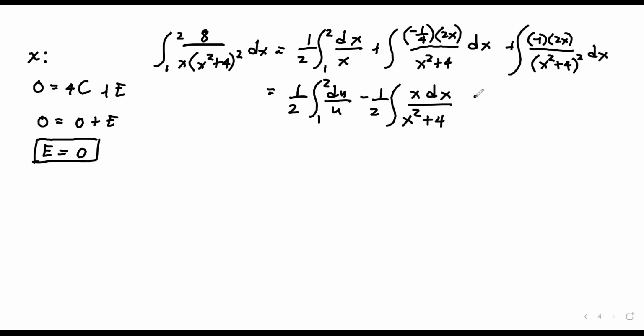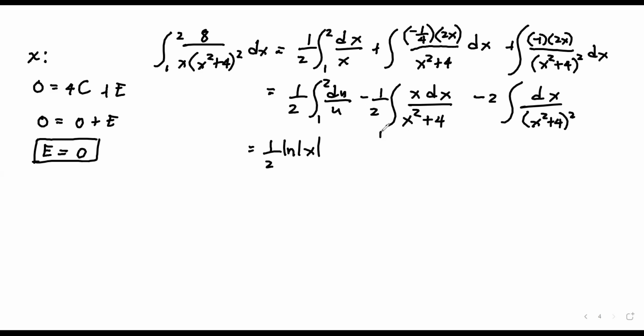Correct me if I'm wrong. Minus, this is negative 2 integral of dx over the squared of x squared plus 4. And then, integral of du over u is ln u. 1 half ln, ang u natin ay x, absolute value of x.